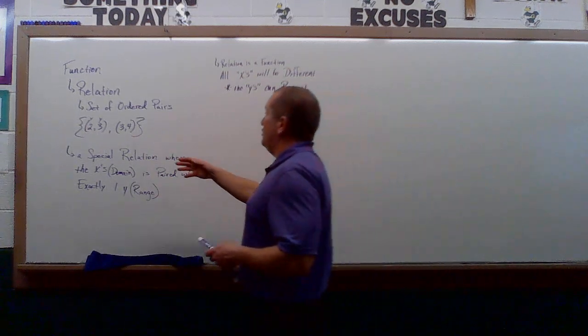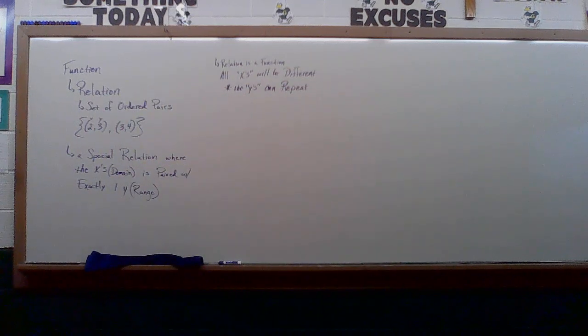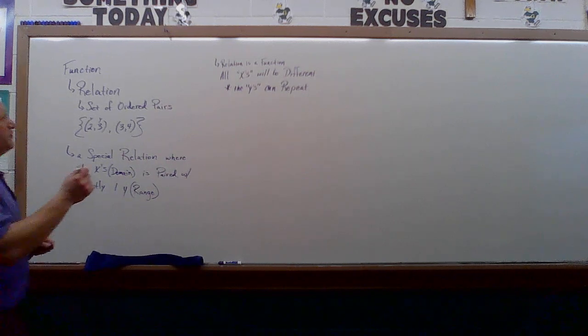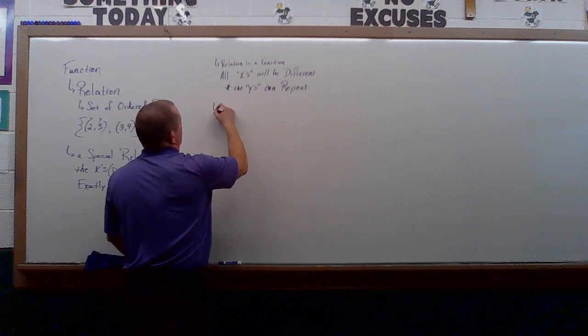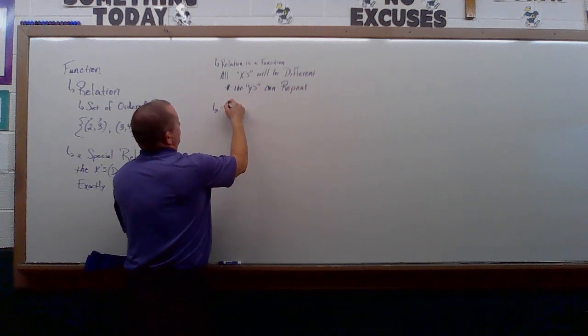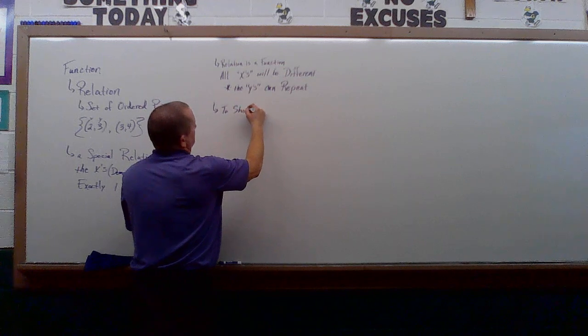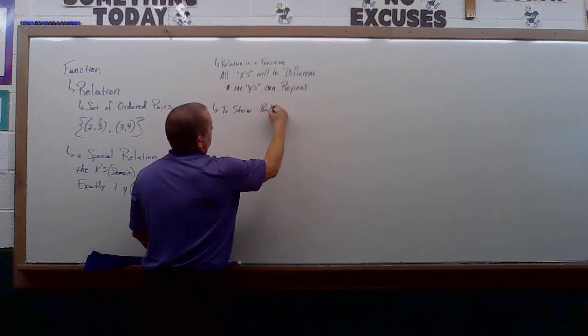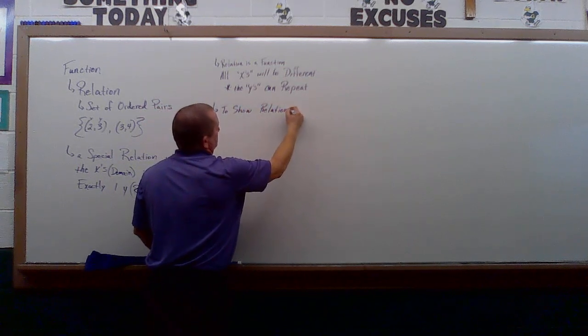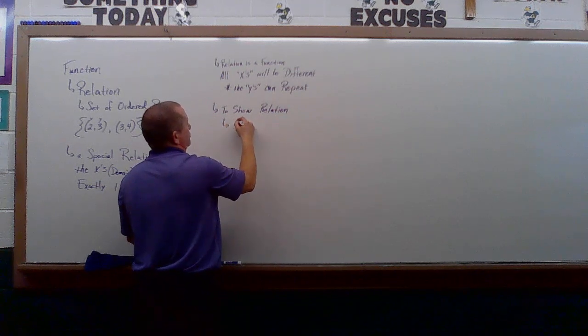So again, now, we could do this in multiple ways, right? We could look at sets of ordered pairs. What would we call 6 and 7? Tables, okay? So they might ask you to show a relation. To show a relation, we could use ordered pairs.